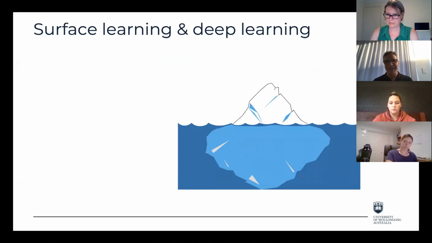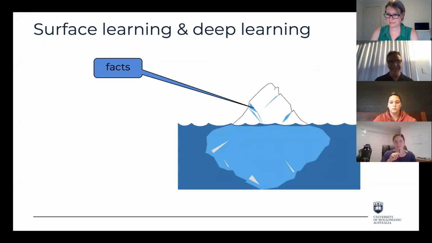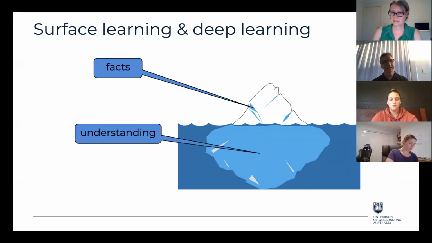Remember, we talked about the invisible areas being culture and the top being the structure of the organization. Well, here in surface and deep learning, we've got the iceberg again. And the iceberg here is surface and deep learning. So the surface stuff is around just memorizing facts, and the deeper level is understanding.